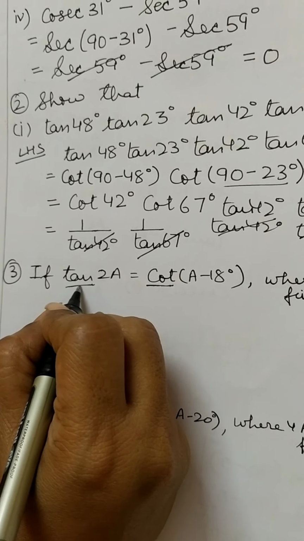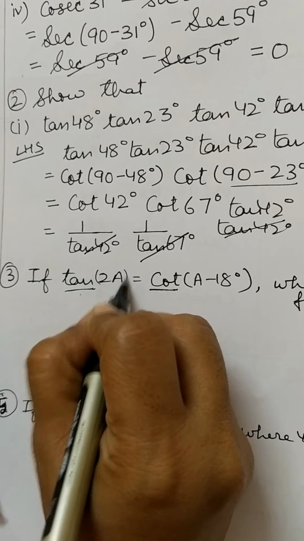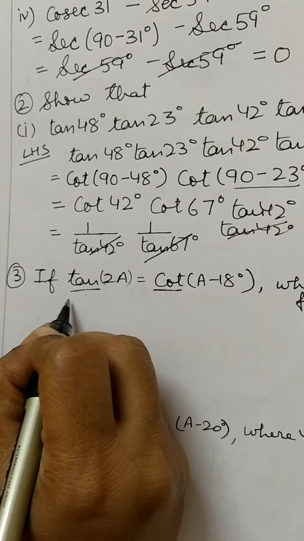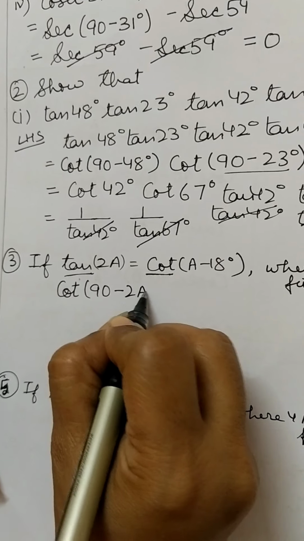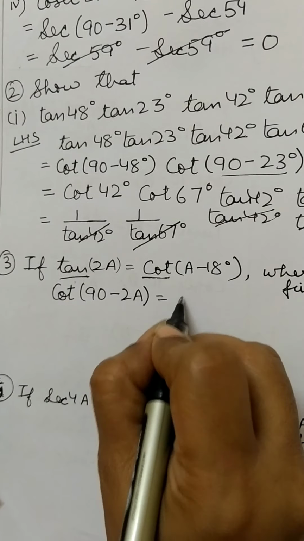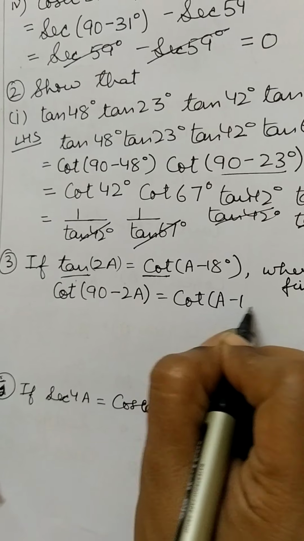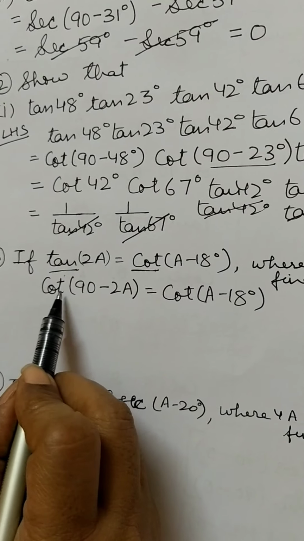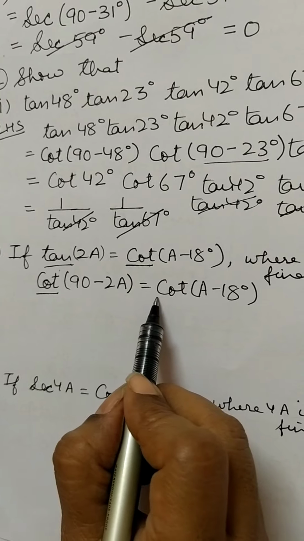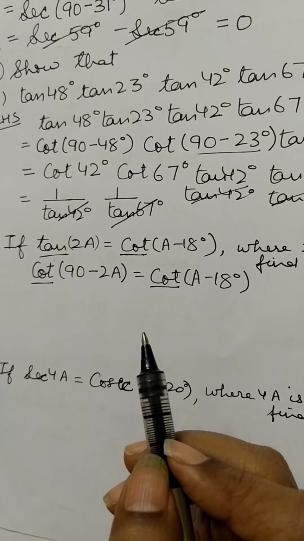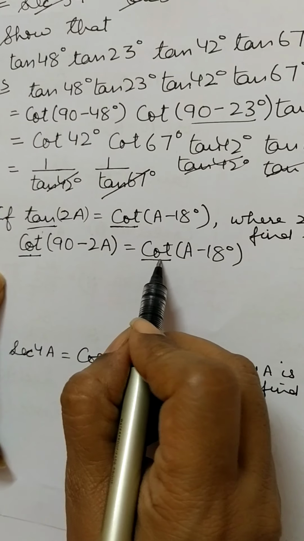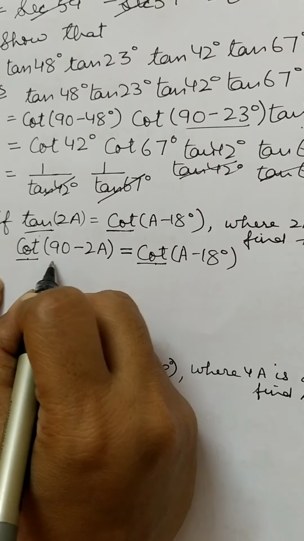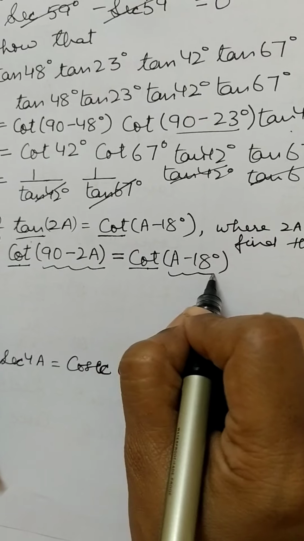So I am writing tan, here theta is 2a. So tan theta is cot 90 minus theta, that is 2a. Why we have done this? Because if we will get both the sides same ratio, we can compare both the sides of this equation. Because here we have cot, here also is cot, and both are equal. That means their thetas must also be same.